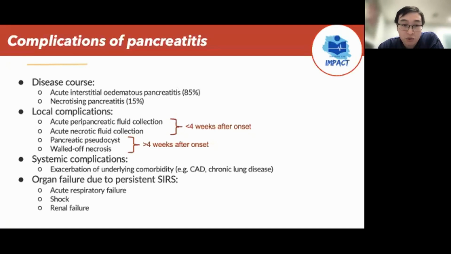And I've seen quite a few. I'm on a gen surge rotation at the moment, and I've seen quite a few cases of pancreatitis over the past couple of weeks. There was a case of a suspected GLP-1 agonist-induced pancreatitis that came to our hospital recently, and the patient had a few comorbidities, but actually code blued a couple of hours into her admission for quite severe type 2 respiratory failure with a pH of 7.13 and a CO2 of 110.